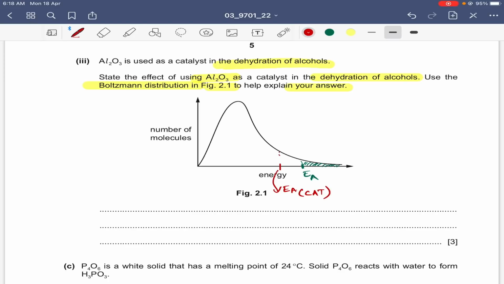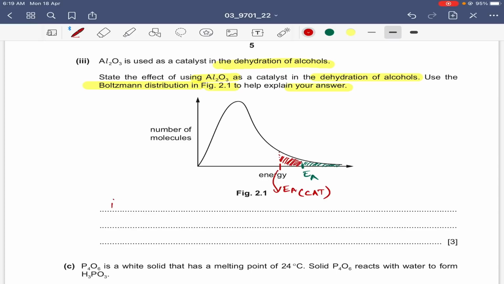So that means now a higher fraction of particles are involved in the reaction. So now these particles can also take part in the reaction. So what is the effect of the catalyst on the dehydration of alcohol? It increases the rate of dehydration, right?